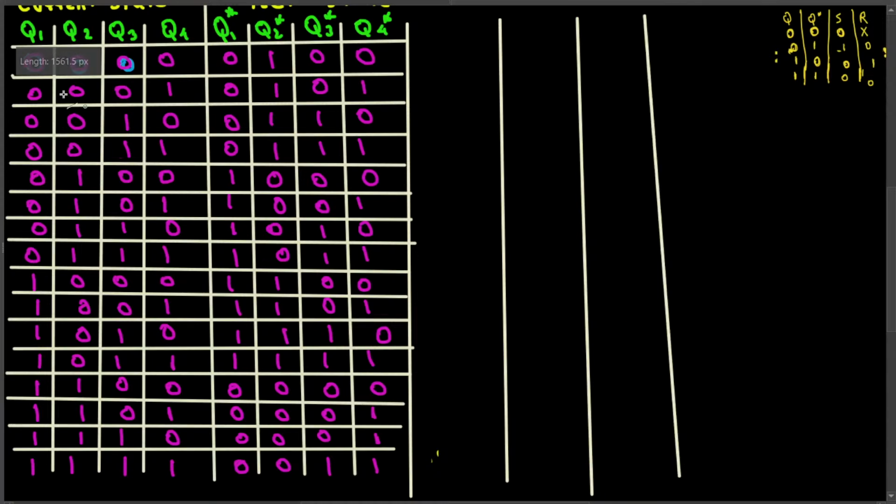Let's call the first one S1R1, S2R2, S3R3, S4R4. And also, divide this one like this so we keep track of each of this.